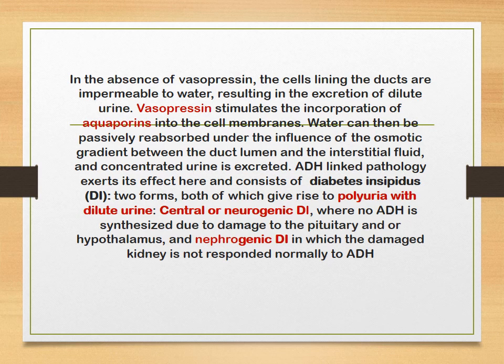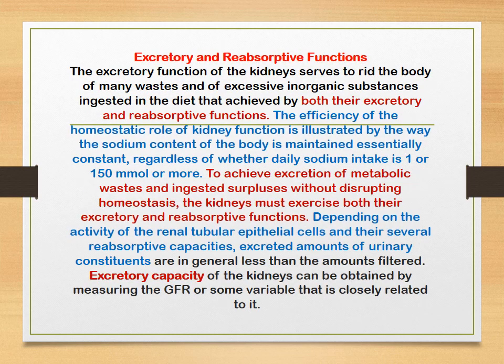It is of two types: either central or neurogenic, in which the antidiuretic hormone is absent due to damage of the brain, hypothalamus or pituitary components, or nephrogenic, in which the channels or receptors for antidiuretic hormone are absent due to diseased renal tubules, resulting in polyuria with diluted urine.